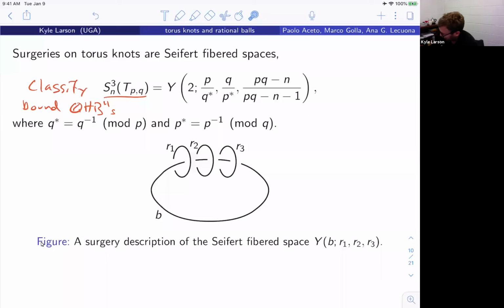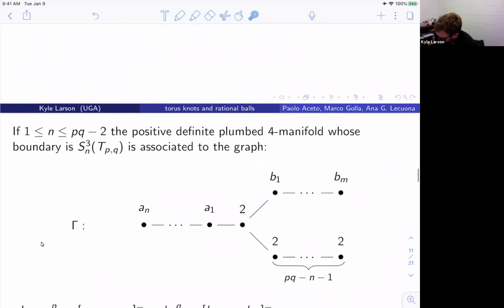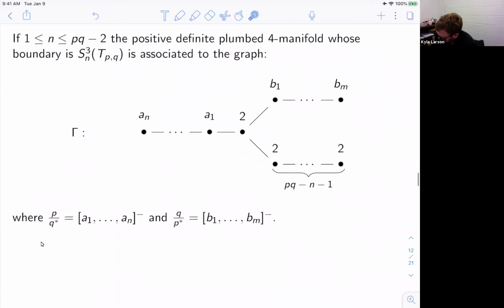The advantage is that it's an integral surgery diagram, so not only does it describe the 3-manifold, but you can also interpret it as a 4-manifold, as a Kirby diagram. These are plumbed 4-manifolds, and it's often convenient to represent them in a plumbing diagram. So this is the corresponding plumbing graph associated to such a 4-manifold.